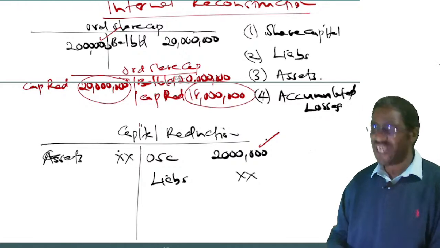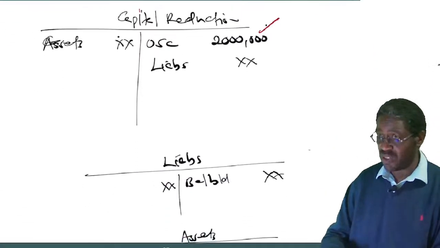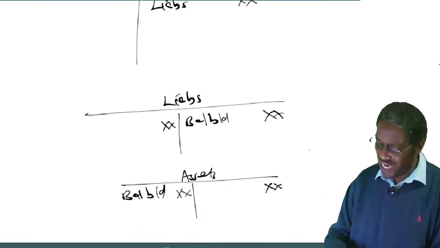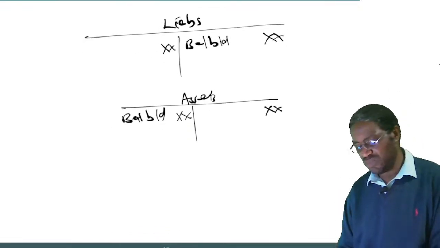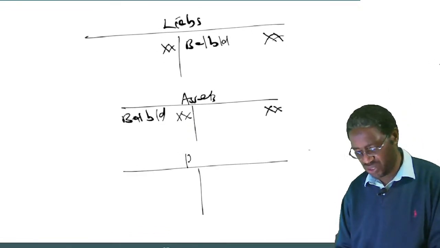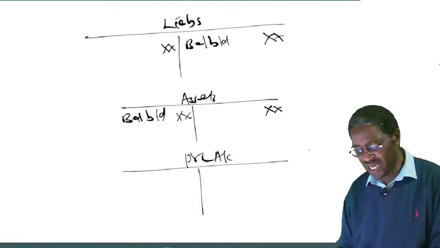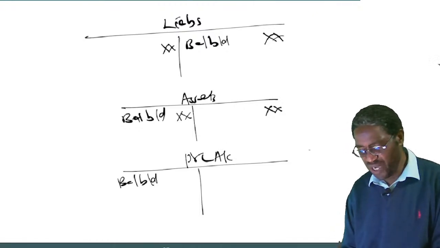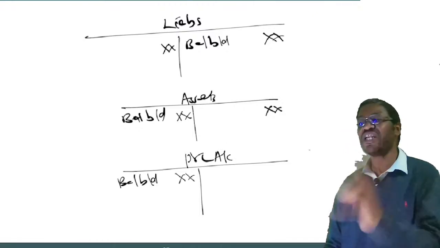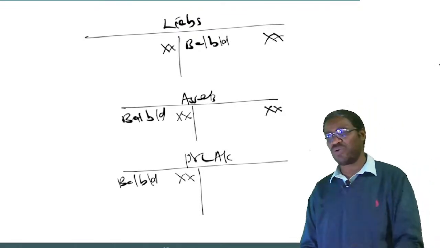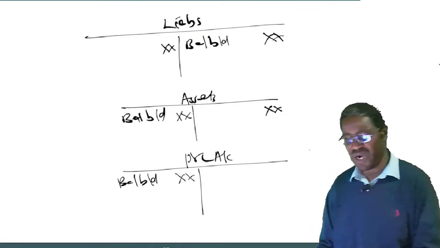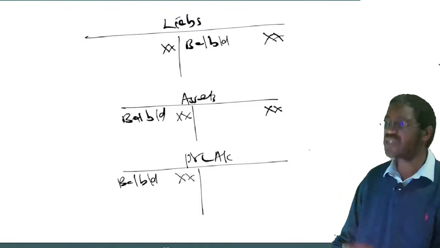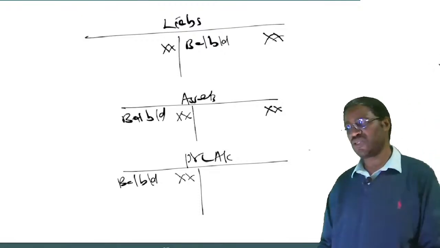If you go to the P&L account of that company, remember it has been making losses. So when you go to the P&L account of that company, you will find that they have a retained loss. And that retained loss is always a debit balance. Losses are always a debit balance. Good.